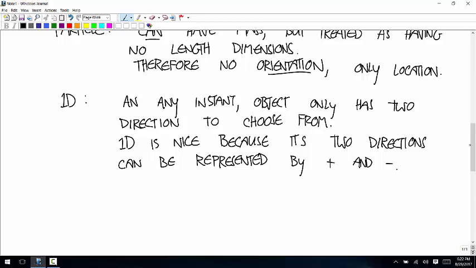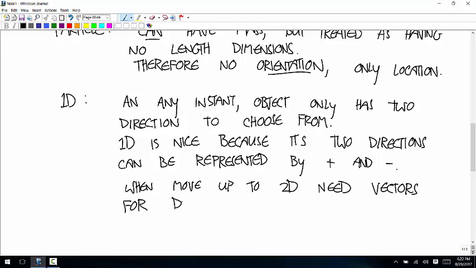So when we go to 2D and 3D, we have to go from numbers that just have plus and minus to tell directions to these complicated things called vectors. When you move up to 2D, you need vectors to describe the direction.